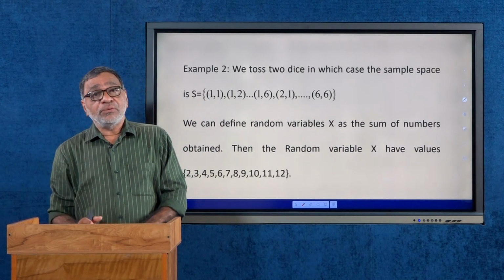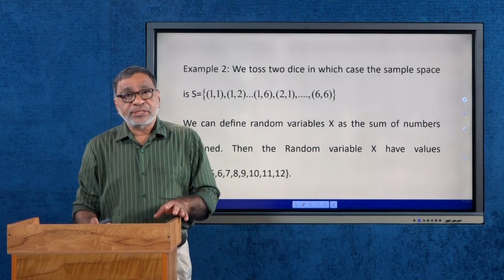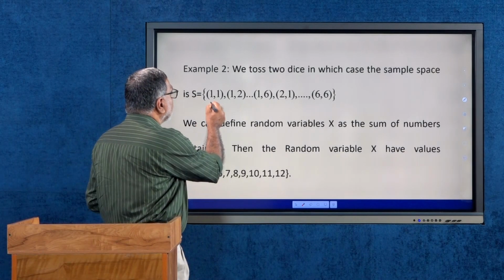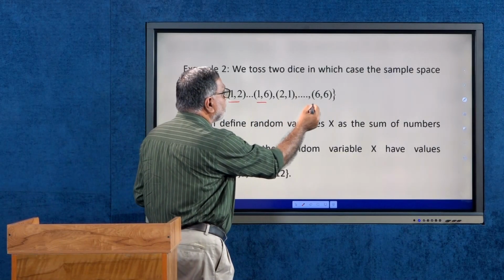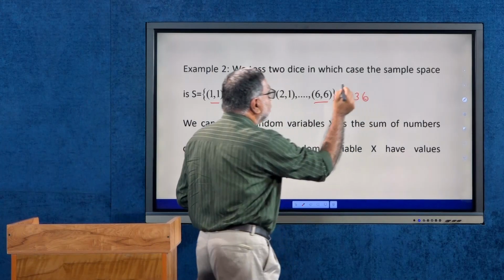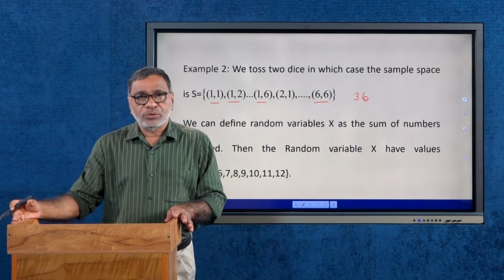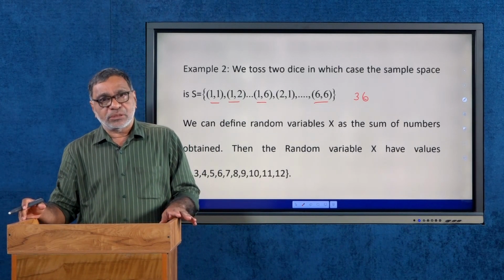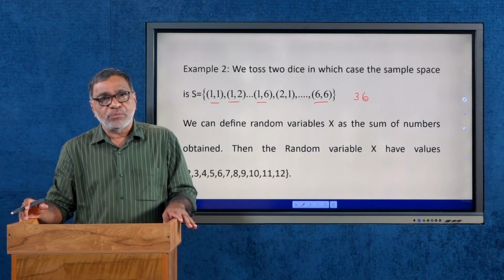Another example: we toss 2 dice, in which case the sample space consists of the outcomes (1,1), (1,2), ... (1,6), (2,1), etc. up to (6,6). So, there are 36 possible outcomes.